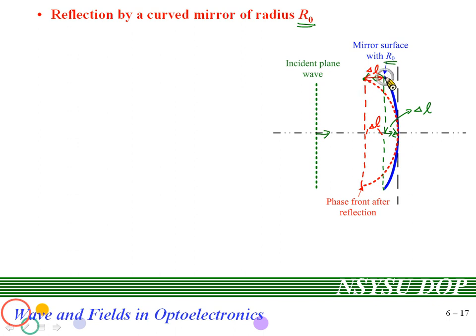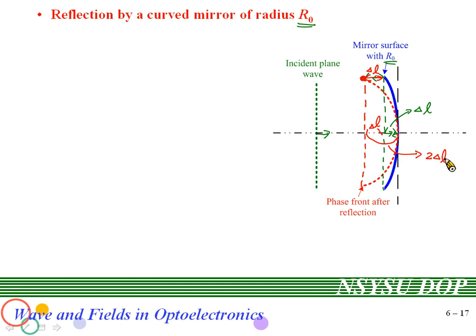So the distance here is also delta L. As you see, as the center point starts to go backward, the point here has a distance with respect to the center point of 2 delta L.